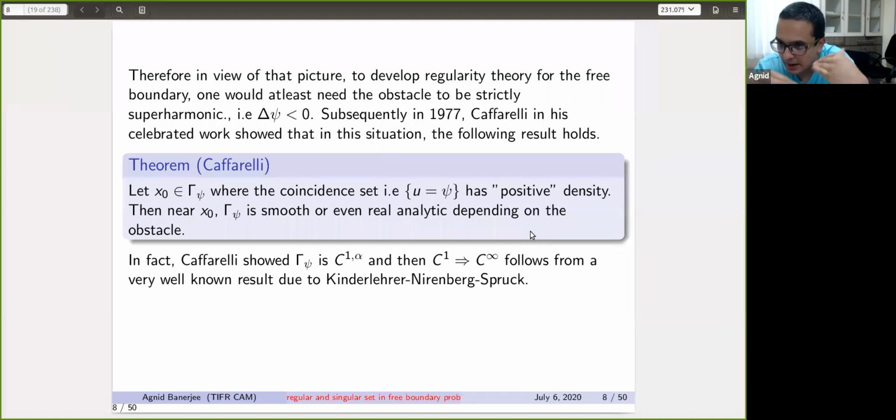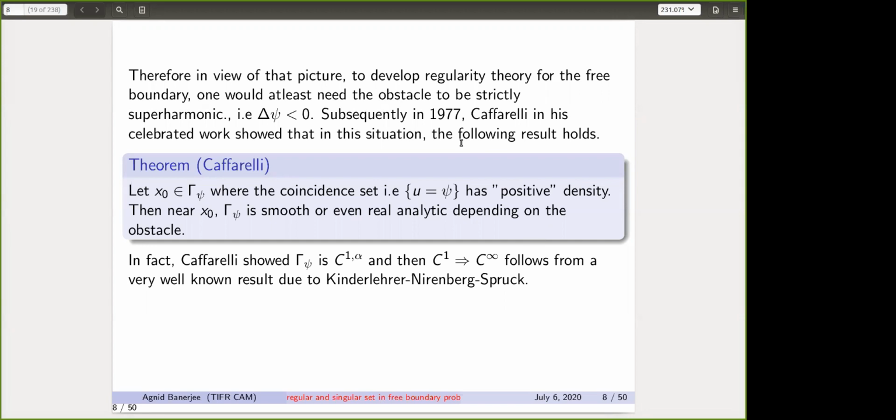Then I would manufacture a new set of free boundary points, which is the boundary of this closed set, and that can in general be very wild. So you want the superharmonicity to be strict, because without that it's very hard to have a reasonable theory. Does that answer your question?